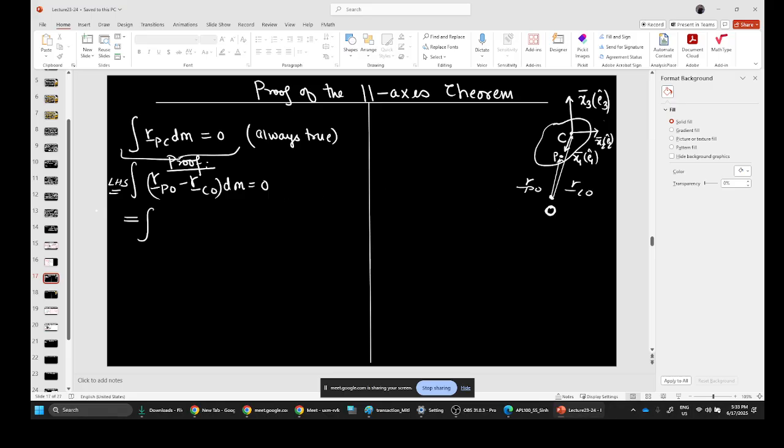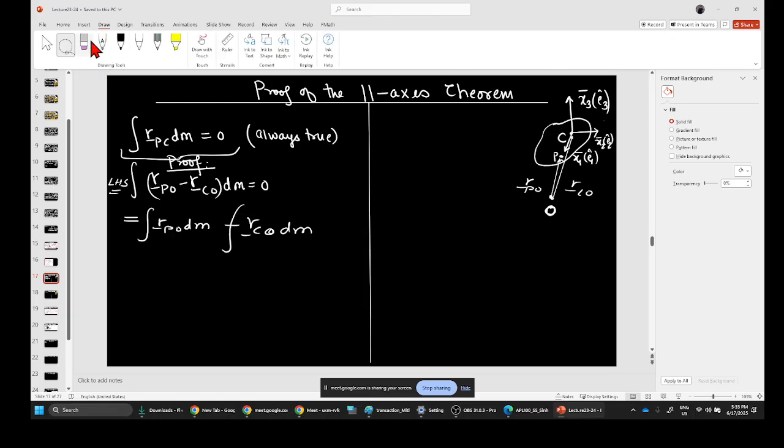You can write it as R_PO minus R_CO, dm. So I've started with the left hand side. I'll prove that it is 0.